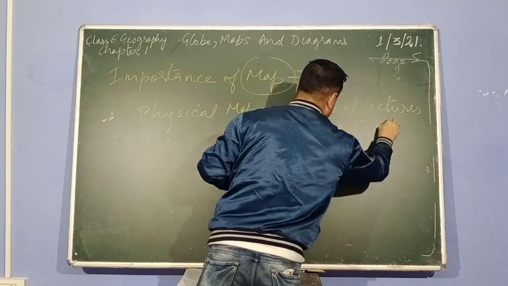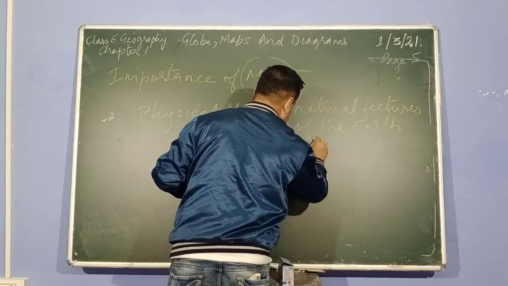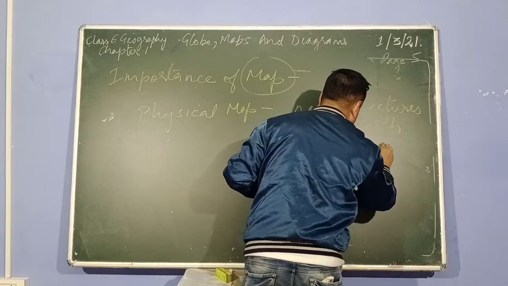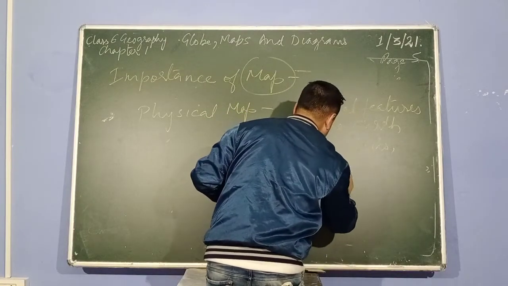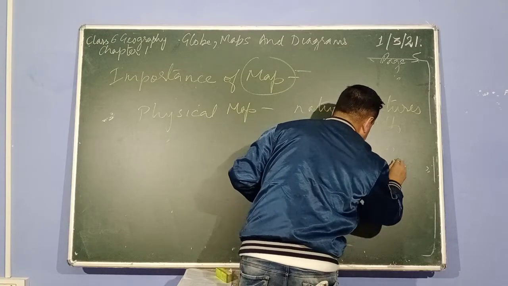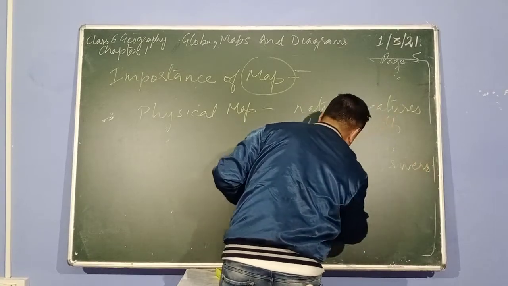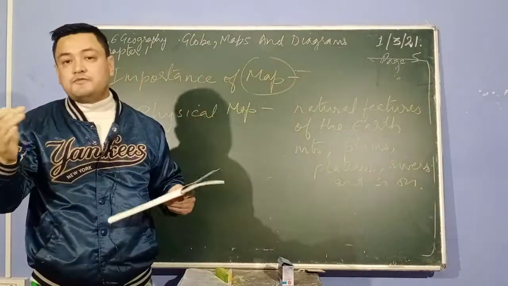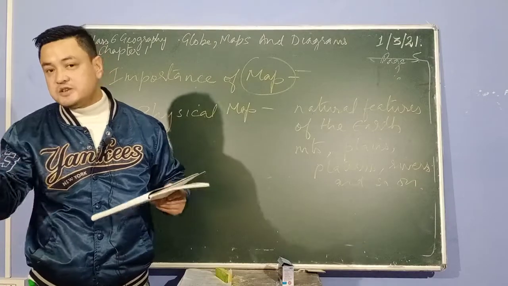What are the natural features of the earth? They are mountains, I'm writing mountains, plains, plateaus, rivers, and so on.